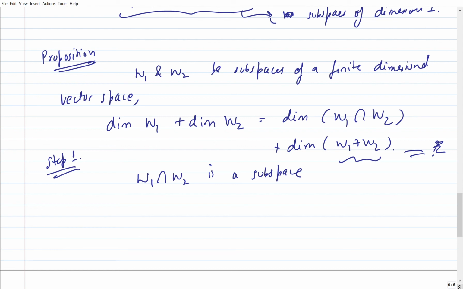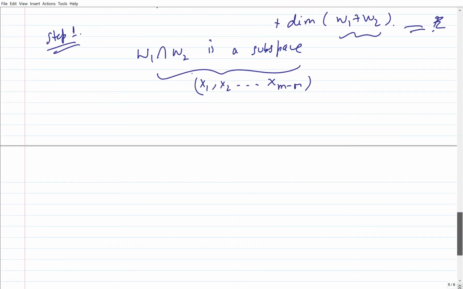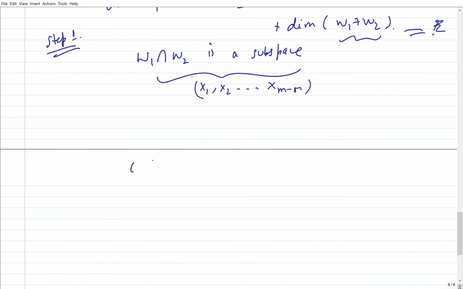And then you can actually mark its basis. Now this basis can be extended in either direction. You can extend this basis as u1, ..., ur, x1, x2, ..., xm minus r.